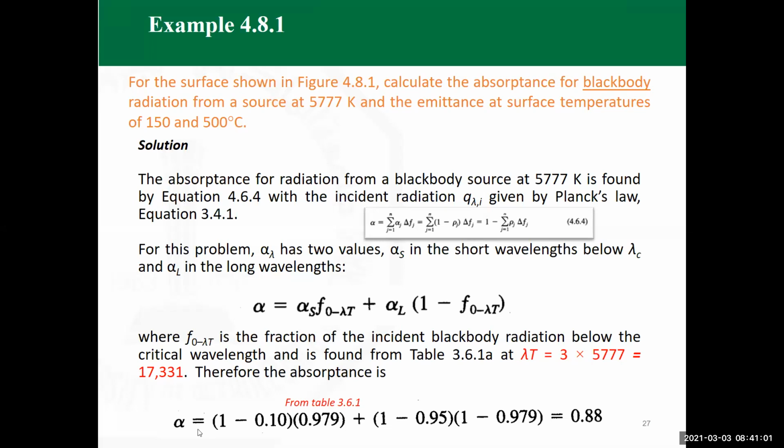From here, we can calculate the value of alpha for the surface, and it's equal to 0.88. So this means that this surface is able to absorb 88% of the energy falling on it from the sun.